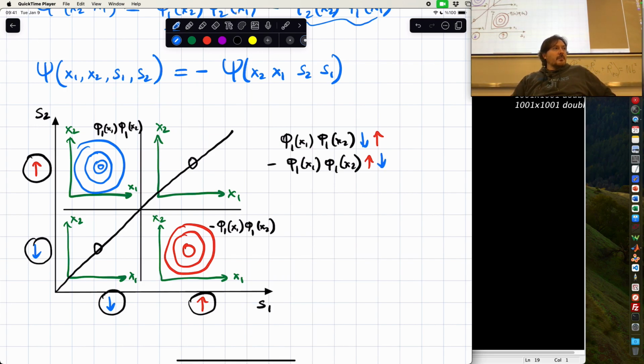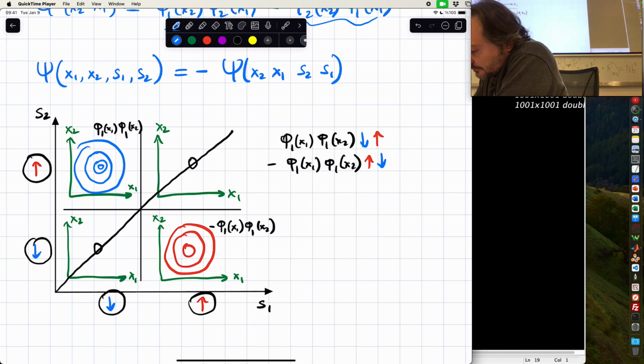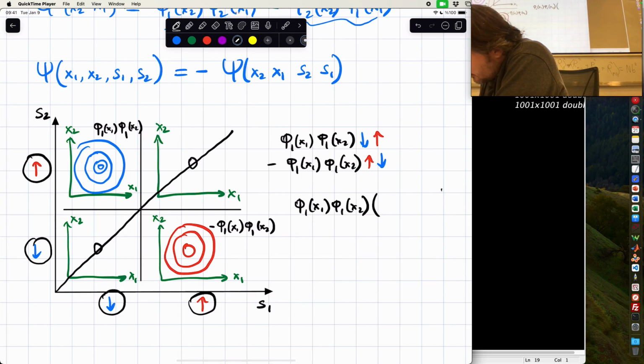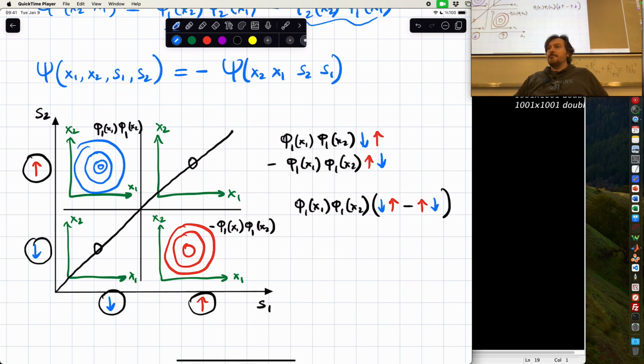So what do you have in total? You have phi 1 x1 multiplied by phi 1 x2 multiplied by down, up minus up, down. So this wave function is antisymmetric.